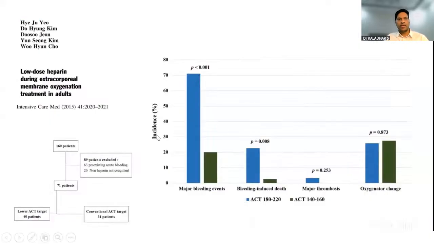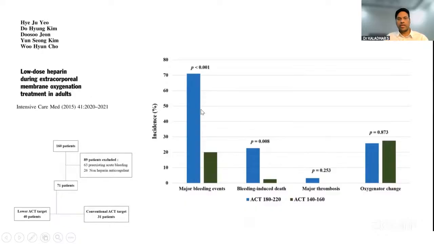So this is one study published in the Intensive Care Medicine journal in 2015. They explored low dose heparin during extracorporeal membrane oxygenation. Their target was ACTs between 180 to 220, and they compared it with ACTs of 140 to 160.